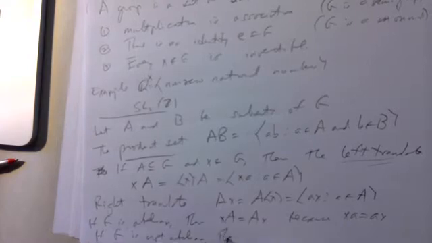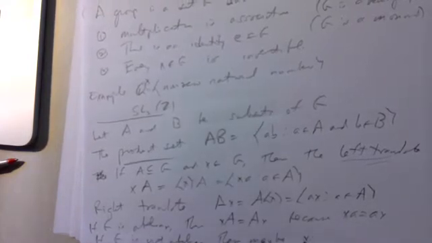If G is not abelian, then maybe XA is different from AX. That is, they can be different. They might be the same, but they can also be different.